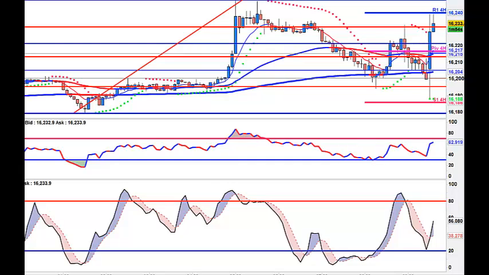I've got 18 points at the moment, so going a little bit higher. It would be nice to have got in a little bit lower, but as long as I get profits, it doesn't matter. It's not about the entry, it's more about the exit. And because this is slow, I'm going to take what I've got.